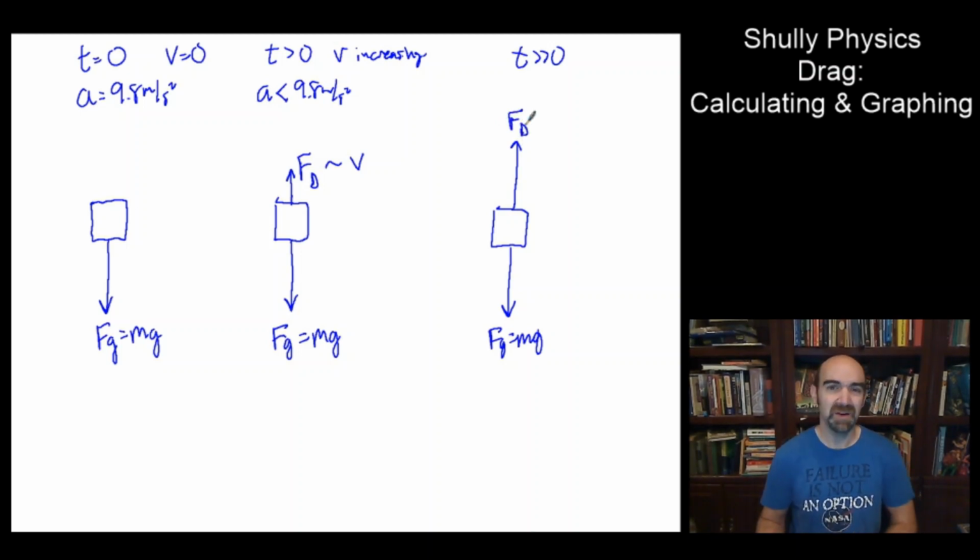And why does it stop there? Well, because when weight is equal to drag, what's the acceleration? 0. That means the change in velocity is going to stop. It's going to stop changing velocity. So velocity becomes a constant at this point.